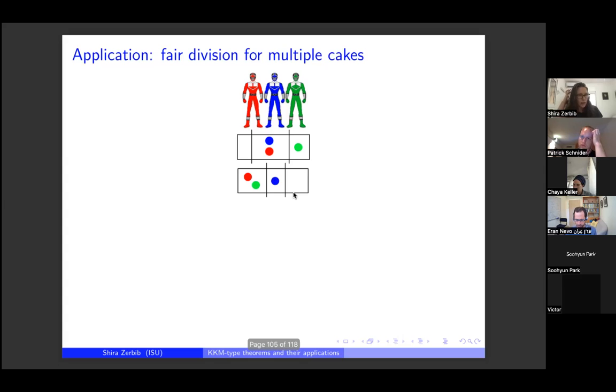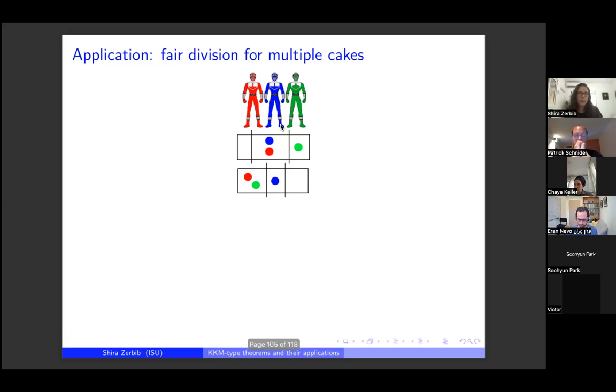Both cakes are at the same party, and all the players want a piece from each one of them. So every time I introduce a partition of the first cake into n pieces and the second cake into n pieces, and all the k cakes into n pieces, each player chooses a k-tuple of pieces.